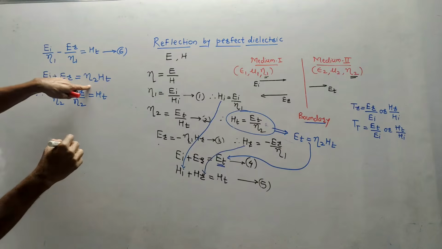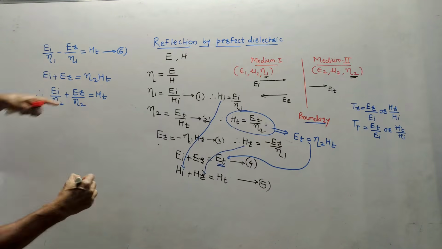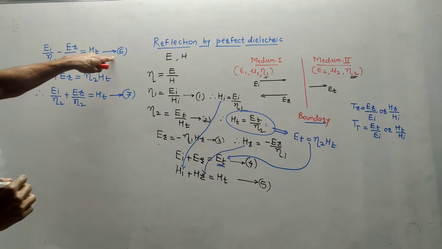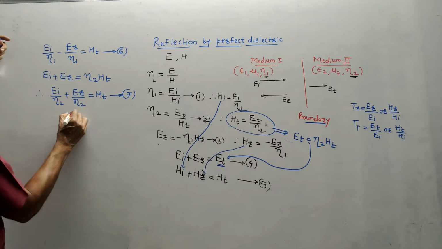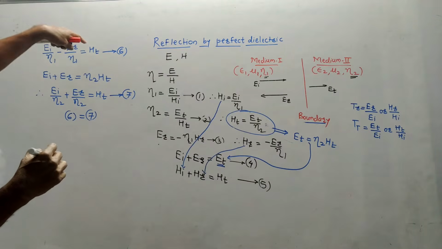Very simple. I have transferred this eta 2 to the LHS, so it will get divided to both the terms. So this is equation number 7. Now both equations 6 and 7 are for the same thing, HT. So we can equate equation 6 and 7 because both are equal to HT.